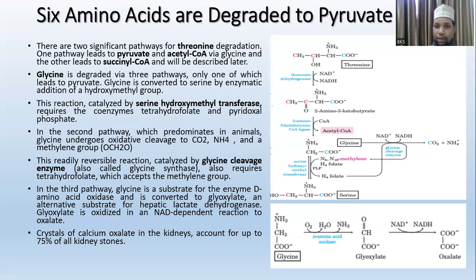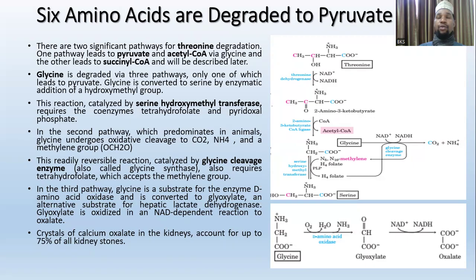So these are two different pathways. Now just imagine a pathway where glycine is converted to carbon dioxide, ammonium, and a reducing equivalent we call NADH plus H, and it also converts tetrahydrofolate to N5,N10-methylene tetrahydrofolate. That is a separate pathway.